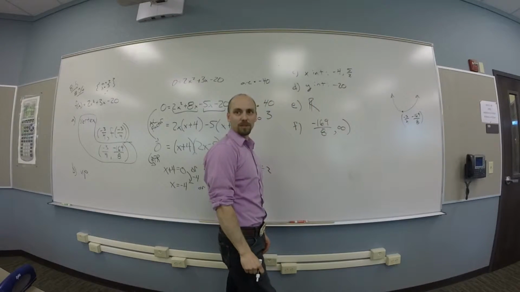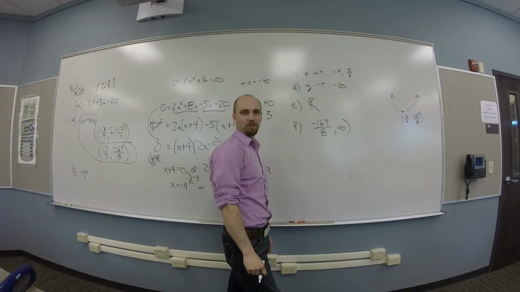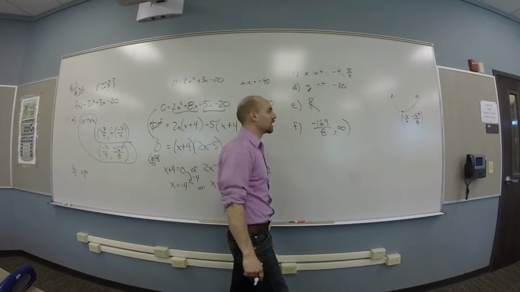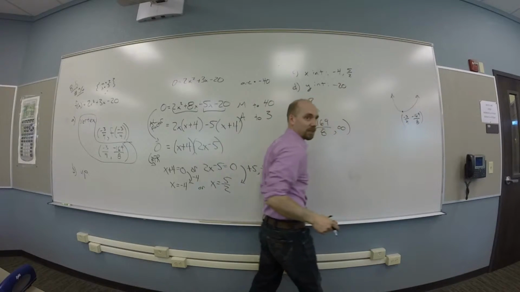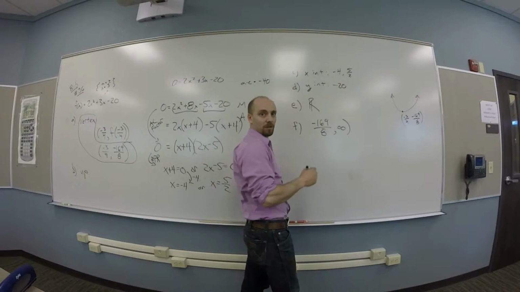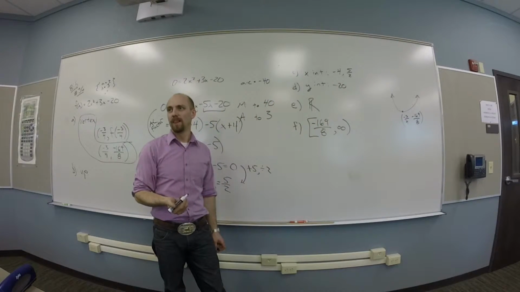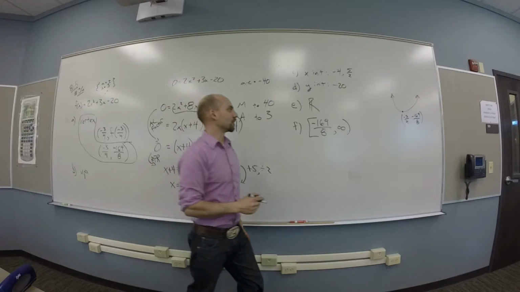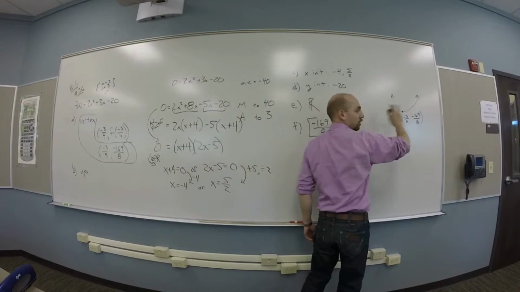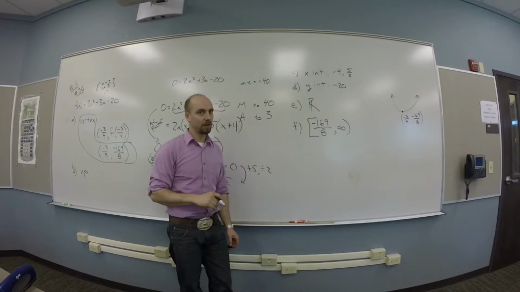And why is the bracket closed? Because there's an input, -3/4, that gives you that output. There's a closed dot there, so when you smash it, you're going to color it in.